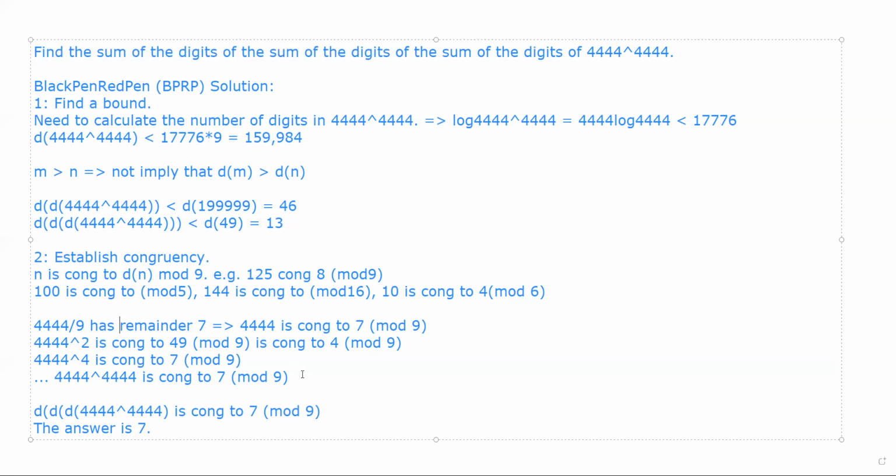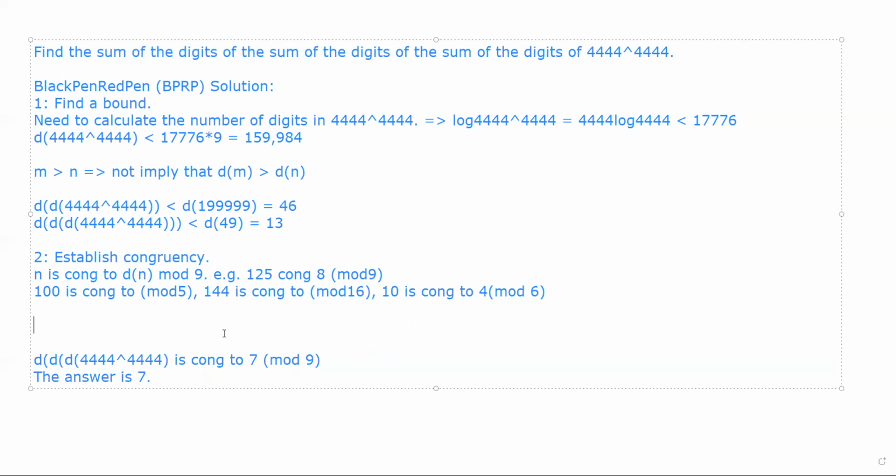I'm going to erase this since I'll assume you had enough time to read it. The way I did it, my approach, I worked from the base of 1 up to him, but I took a bit of a shortcut. 4444 is congruent to 16 mod 9, because 4 plus 4 plus 4 plus 4 gives you 16.